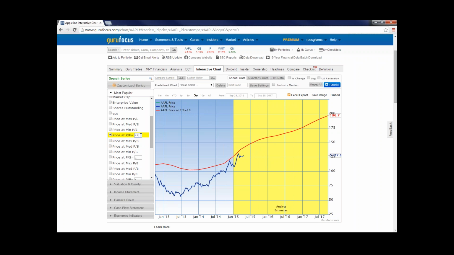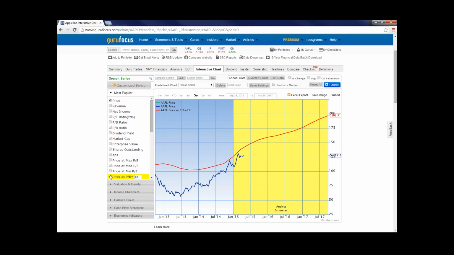So even at 15 times earnings, which we can all agree is fair, especially when the S&P is trading at 21, 22 times earnings, something around that, this is what the estimates look like for Apple. It's a really powerful tool, because it integrates both the visual aspect of looking at a theoretical price at earnings and also incorporates, in this case, 2.5 years of analyst expectations for those earnings.